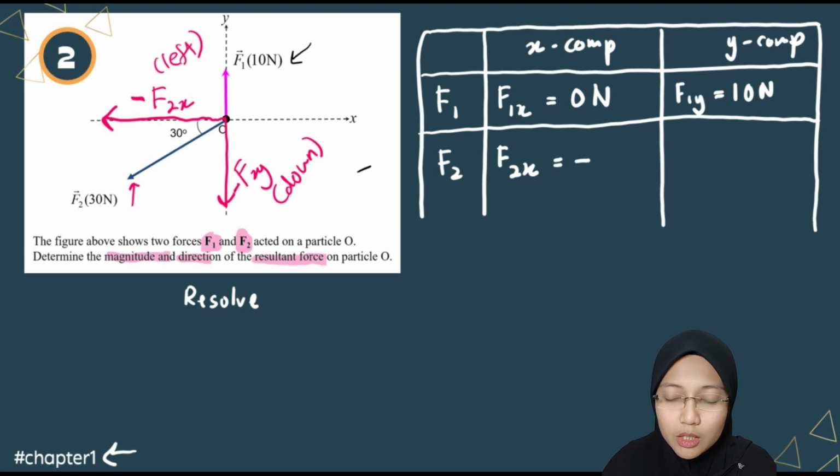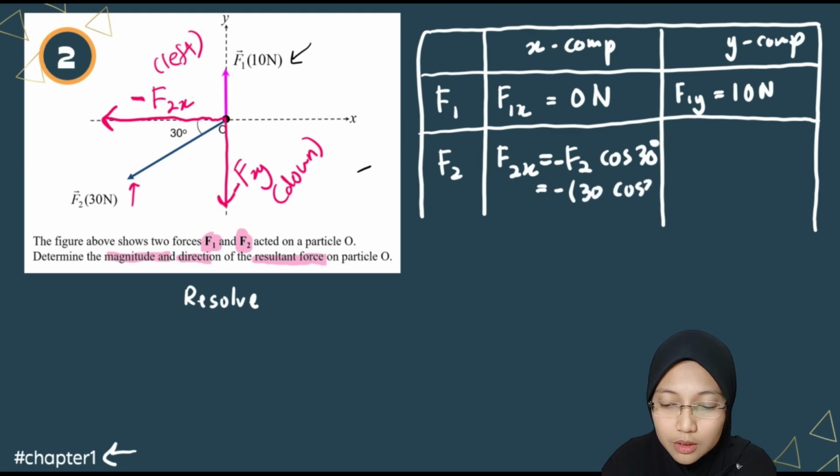Okay, the equation here, now we consider the sign convention. So F2x is equal to negative F2 cos 30. Then you can calculate: F2x is negative 30 cos 30, and your force is negative 25.98 Newton.